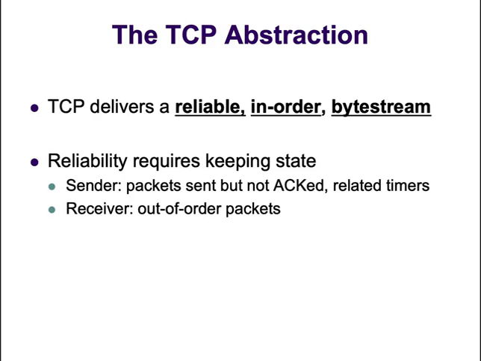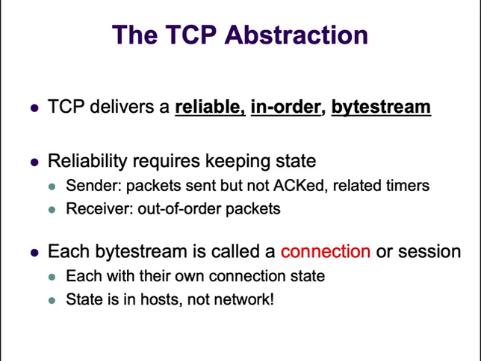And so we say that TCP is a connection-oriented protocol. You'll read this everywhere. We call each of these byte streams a connection or a session. Every one of these byte streams has its own associated connection state. This is state that's set up in the host.